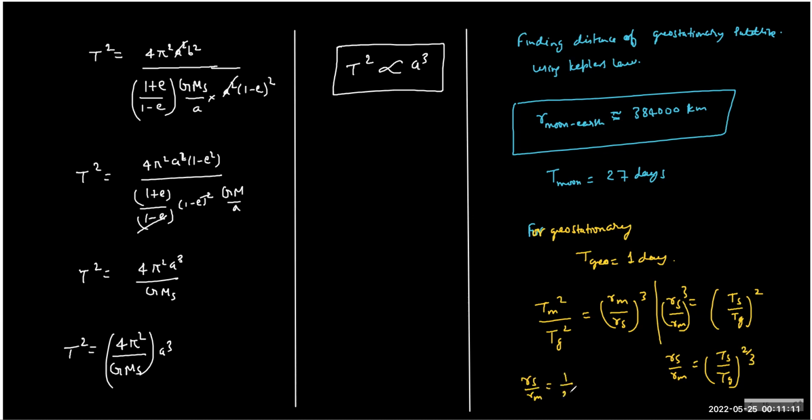This is 27 power 2 by 3, which is 9. So 1 by 9, right? Yes, sir. So the geostationary satellite is exactly 1/9 the distance of the moon. Simple answer.